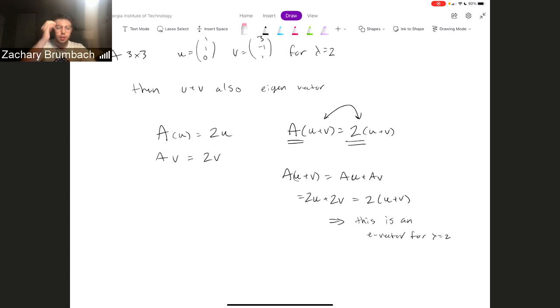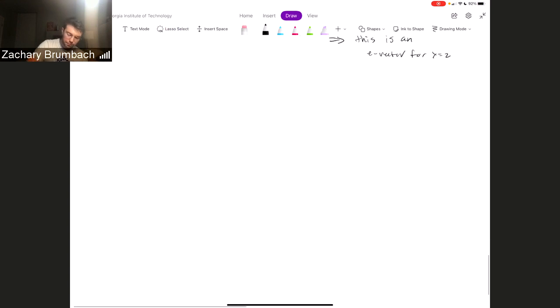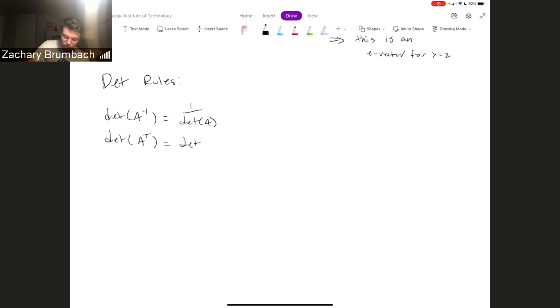All right, 17. So this is remembering some determinant rules. Determinant of A inverse equals 1 over the determinant of A. Determinant of A transpose is equal to the determinant of A. And then you have to remember your row and your column operations.